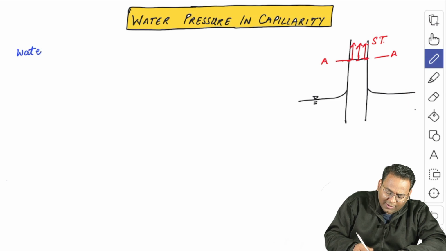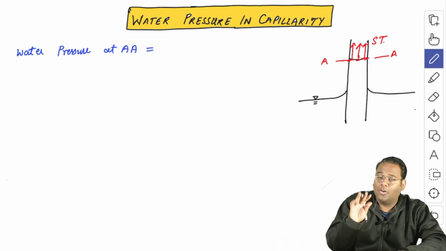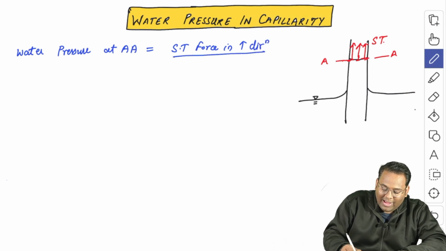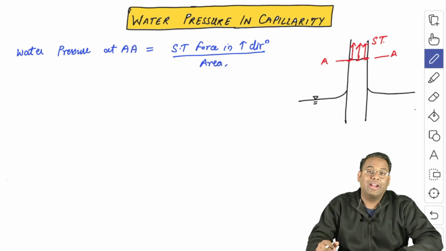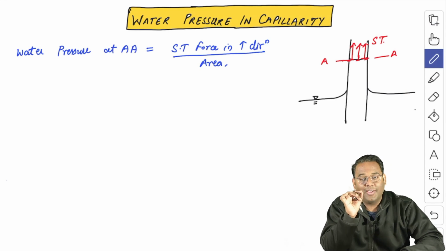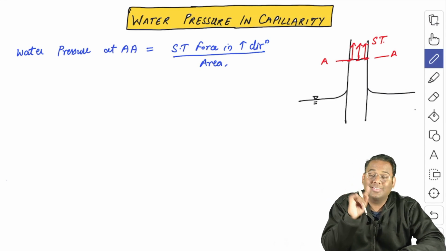So if I ask you what is the water pressure at level AA, that will be because of the surface tension force, and this surface tension force is acting in the upward direction. But remember, I want the value of pressure, so we have to divide by the area. In the previous lecture, we studied that this surface tension force in the upward direction is equal to the weight of liquid raised.